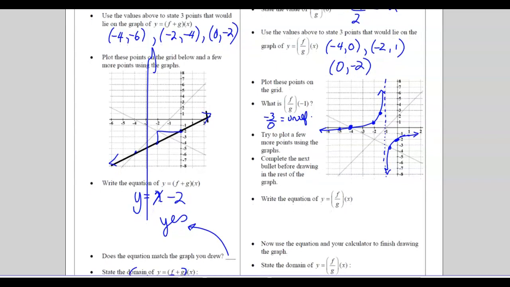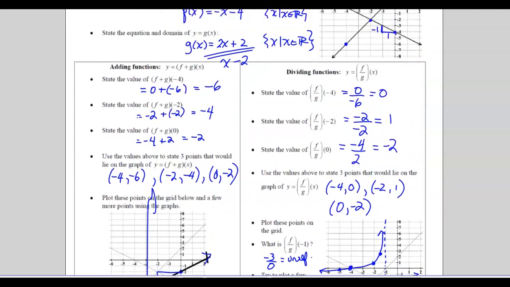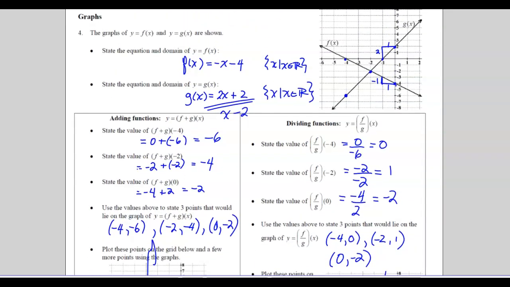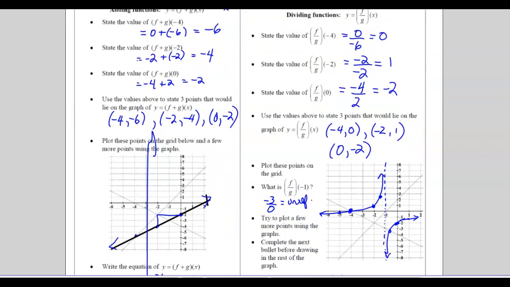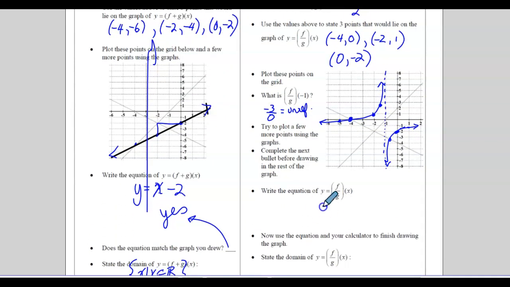Okay. So when we do our equation, our f is (-x - 4) over (2x + 2). And then you can factor out the 2 and the negative, but nothing's going to actually simplify.